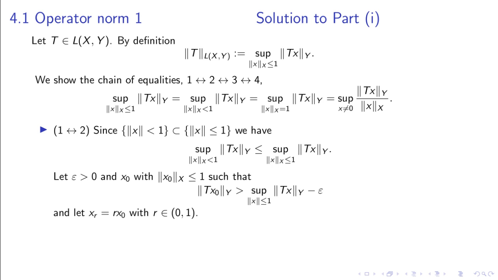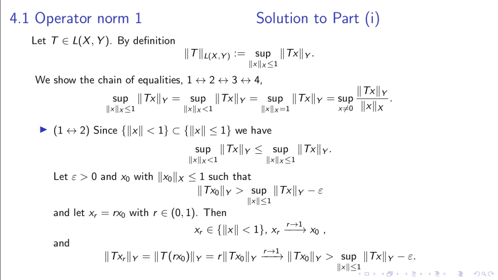Now scale x0 slightly towards the boundary of the unit ball from the inside. For any real number r between 0 and 1, define x_r to be r times x0. Then x_r is in the open unit ball, and as r goes to 1, x_r converges to x0.